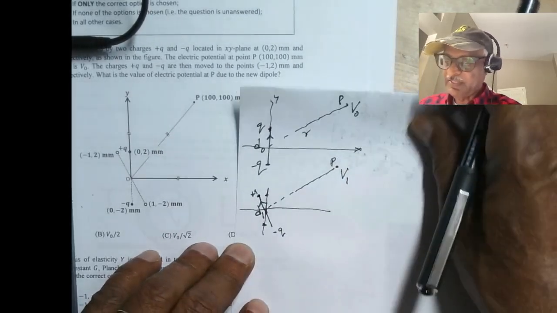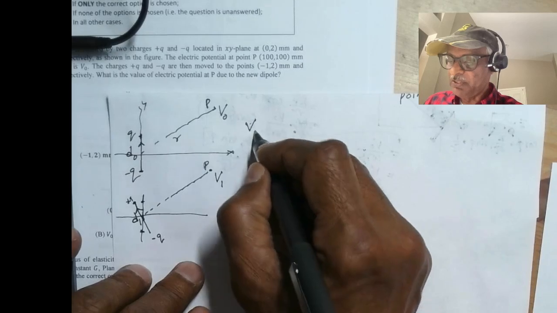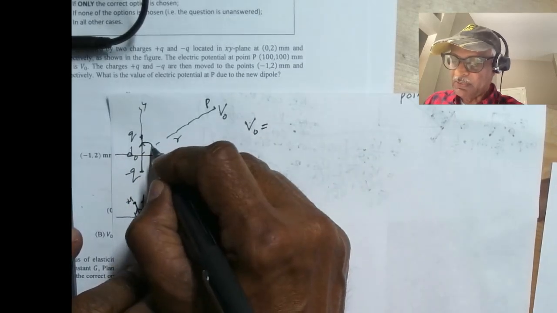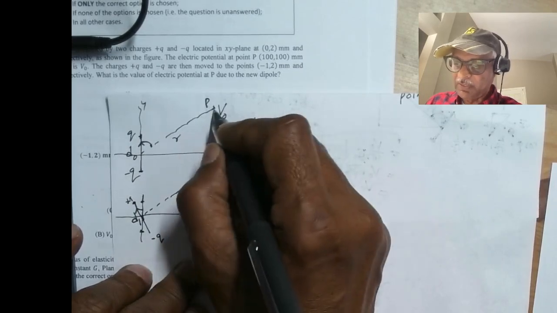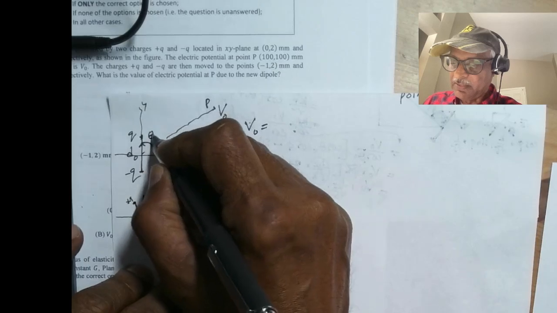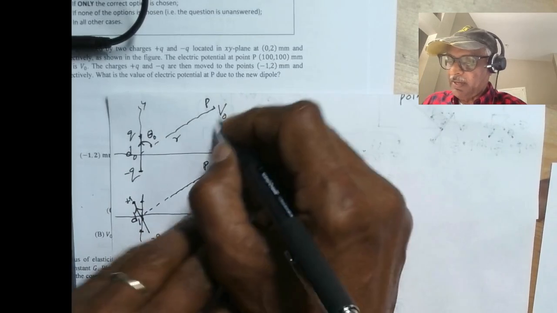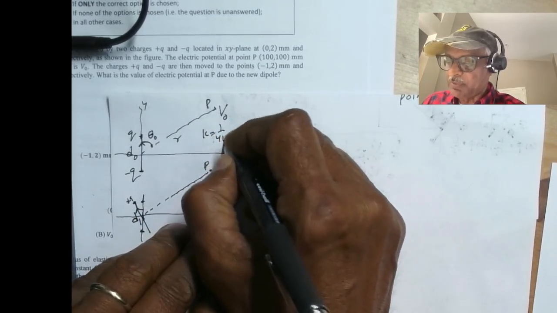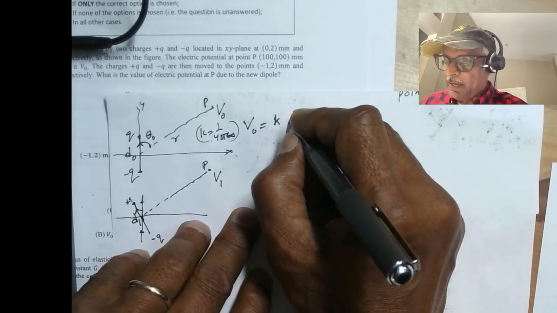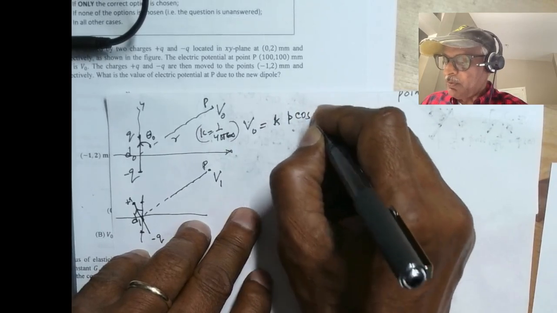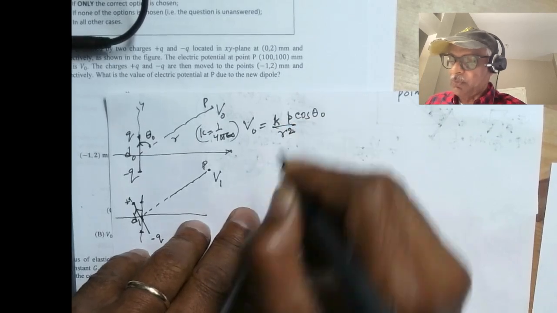So let's write these out, what we expect for v0 here. This angle, which you can already see from here, let's call it theta 0. I'm going to write k equals 1/4 pi epsilon naught, just to save time. And P cosine theta 0 over R square.